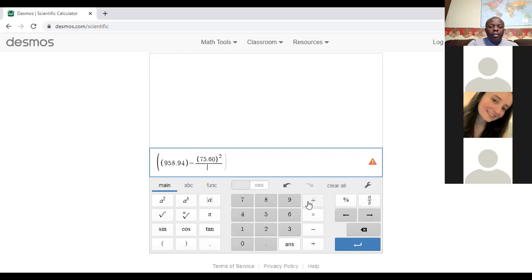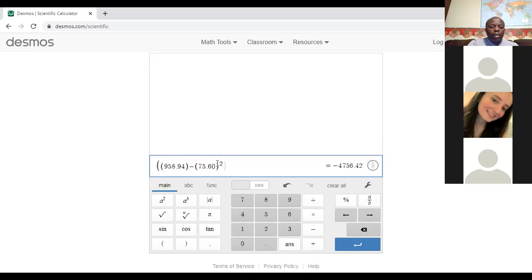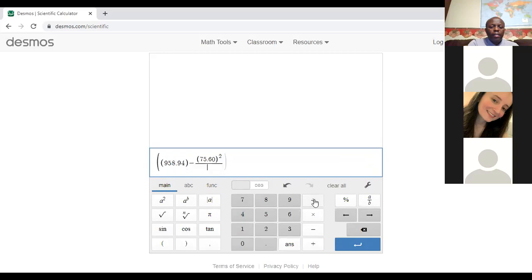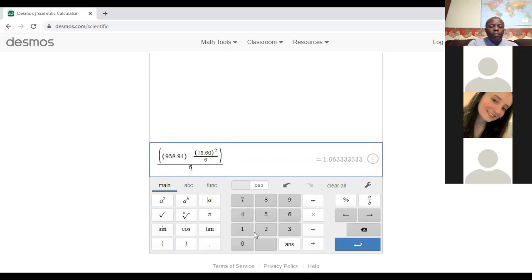Divided by, let me put it in the other form. Divided by 6 of them, close it, and all of them divided by 6 minus 1. 1.27, you can see right there, 1.276, which is 1.28.